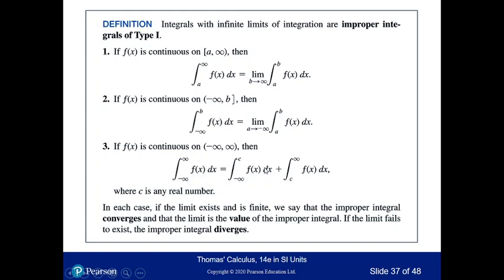Then in each one, you just look at 1 and 2 here and solve them accordingly. At the end, the integral could be divergent or convergent, we don't know. However, for the third one, if either part is divergent, then the whole integral is divergent. If both of them are convergent, then this is convergent.